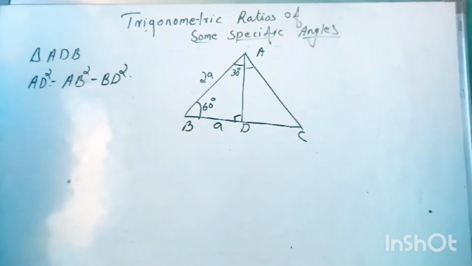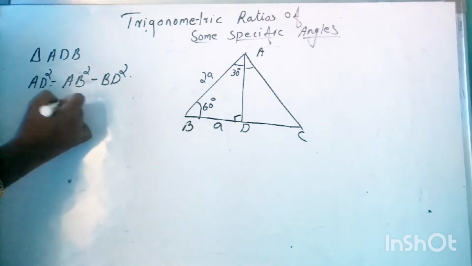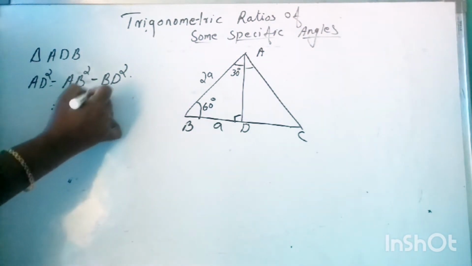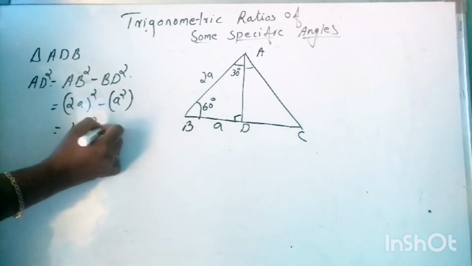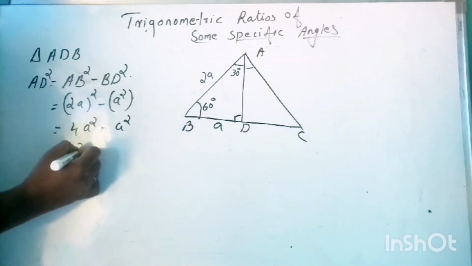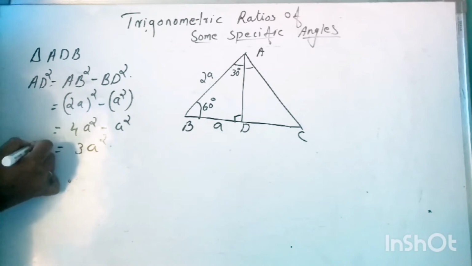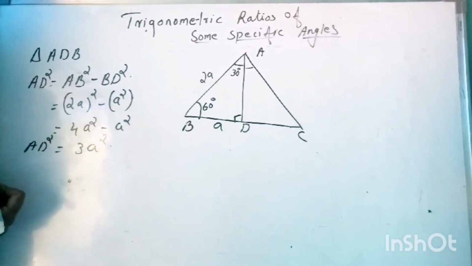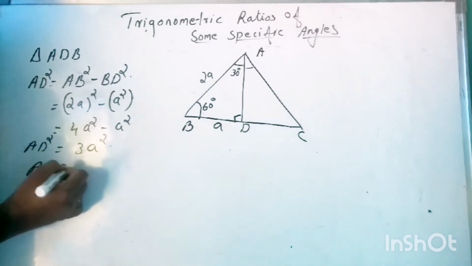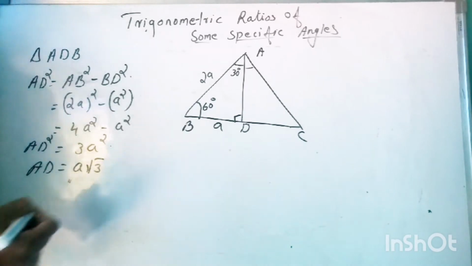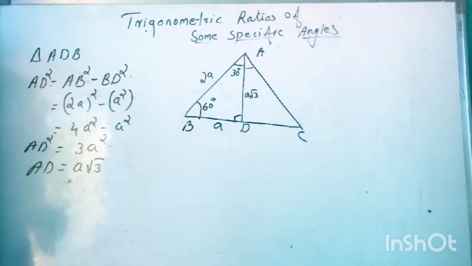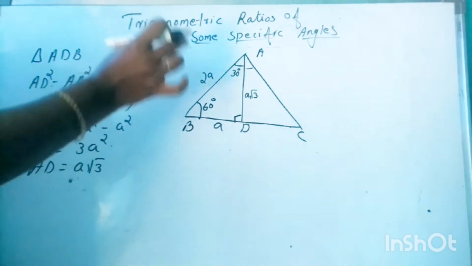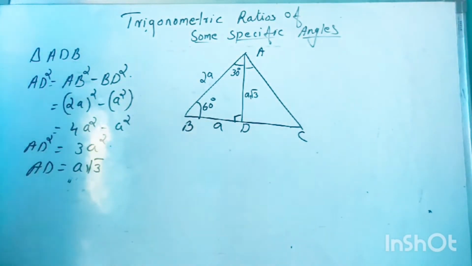AD square is equal to AB square minus BD square. The length of AB is 2A, all square, minus A square. This is 4A square minus A square, that is equal to 3A square. So AD square is equal to 3A square. Then AD is equal to A root 3. Okay. So we got the length of all the sides of the triangle ADB.